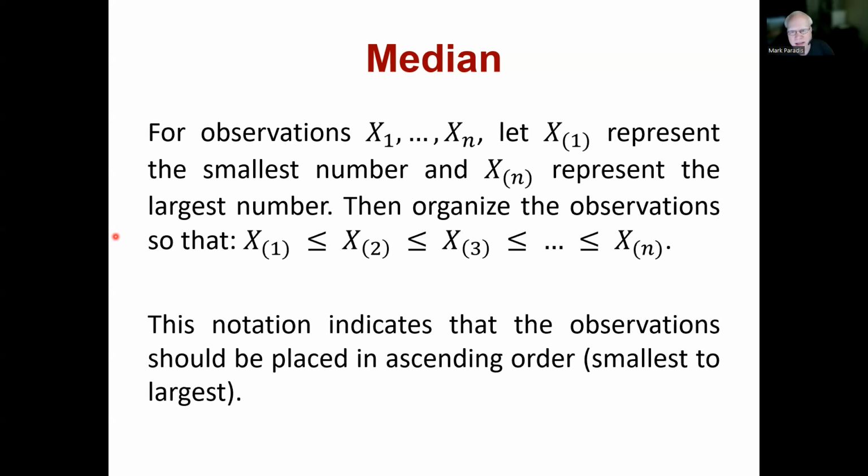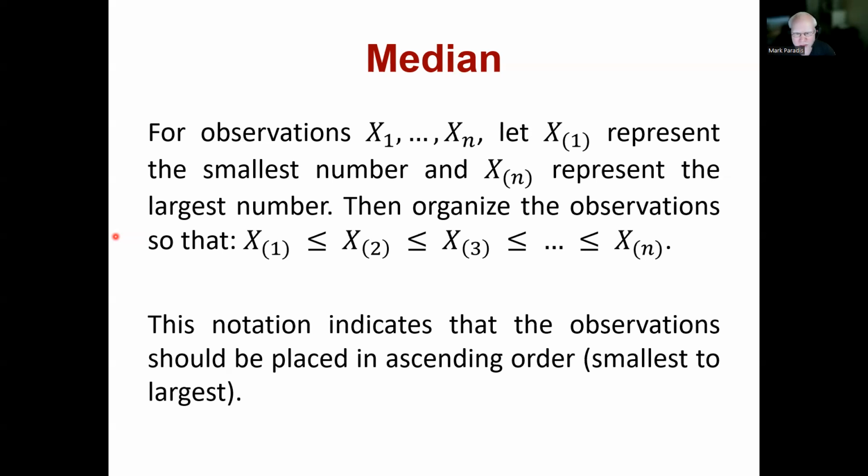So to calculate the median, we have to take all of our different observations, x1 through xn, and put them in numeric order. In mathematical terms, let x(1) in parentheses represent the smallest number and x(n) in parentheses represent the largest number, and organize the observations in numeric order.